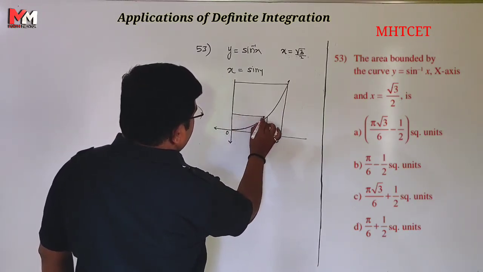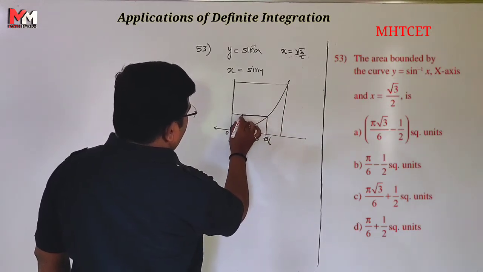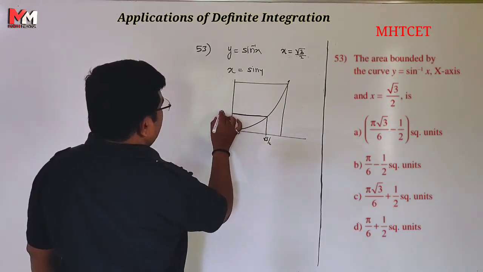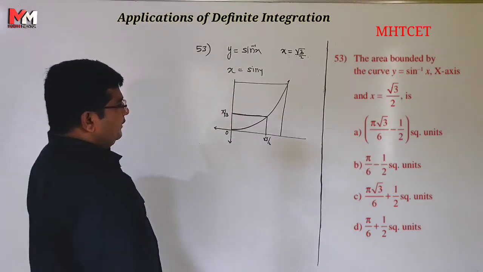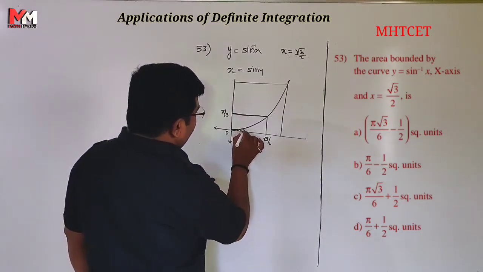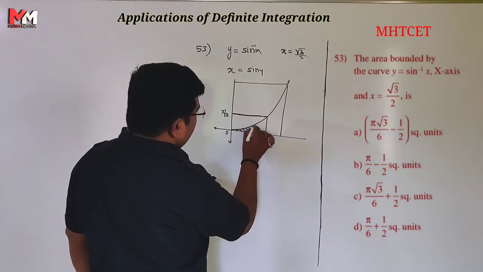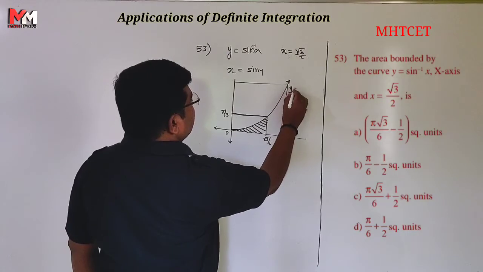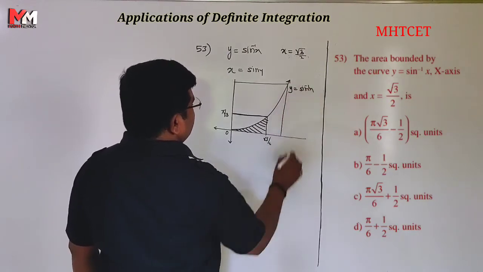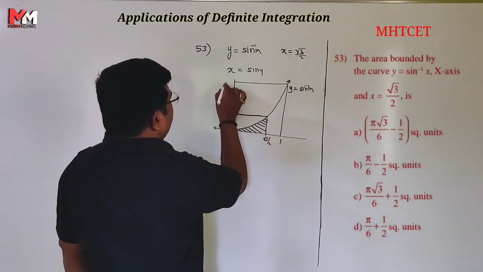And this is the value of root 3 by 2 at 60 degrees, and 60 degrees means pi by 3. This is the area bounded by the curve y is equal to sine inverse x. So this is the curve, this is 1 and this is pi by 2.